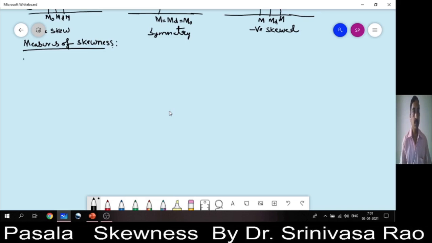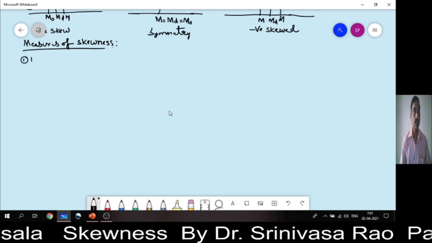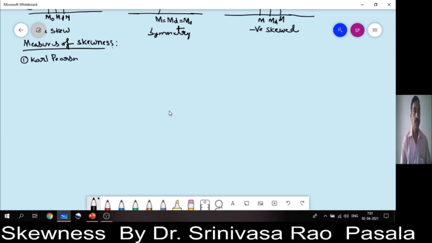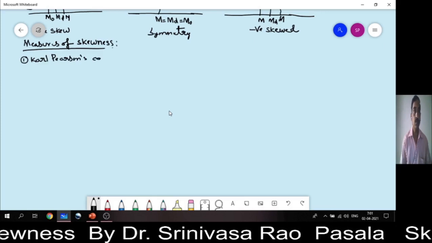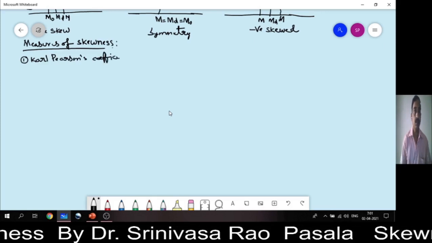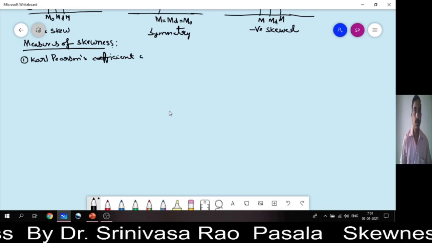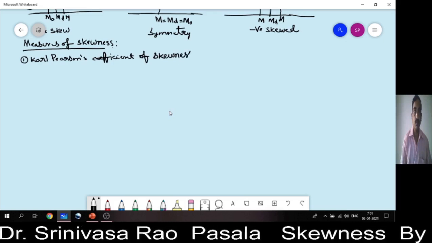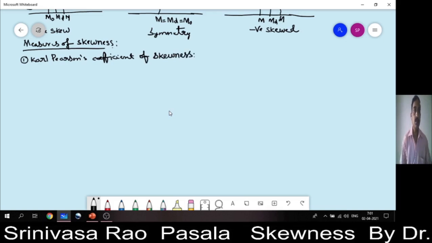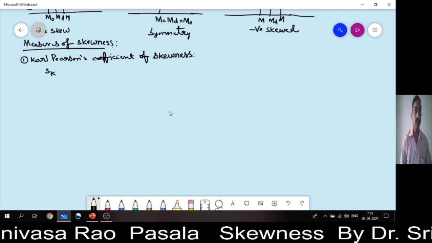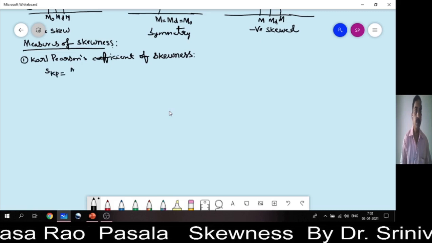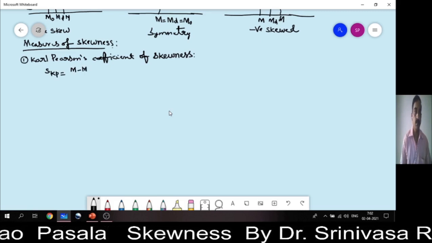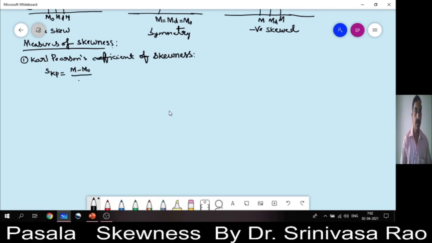So here also we have to discuss the measures. The first one is Karl Pearson's coefficient of skewness, which is given by SkP equals mean minus mode divided by sigma.